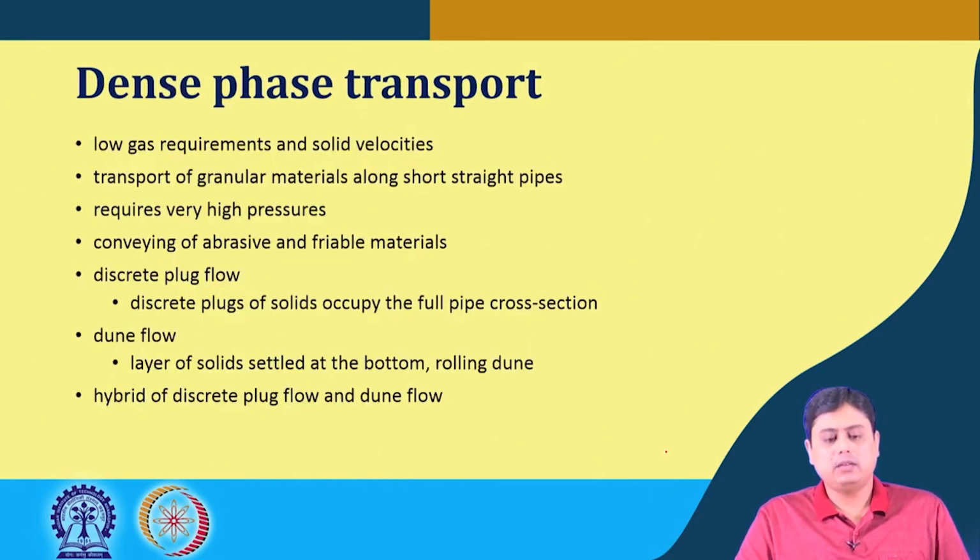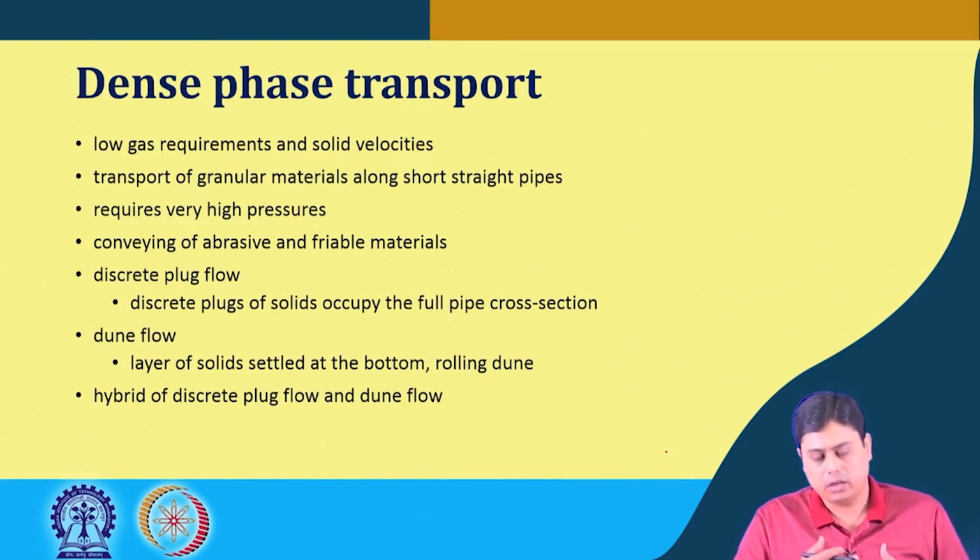Now in the case of dense phase transport, as I mentioned earlier, the only benefit is the low gas requirement and the low solid velocities, but it is applied to transport granular material along a short straight pipe, because we can understand the solid particles are settling in this case.